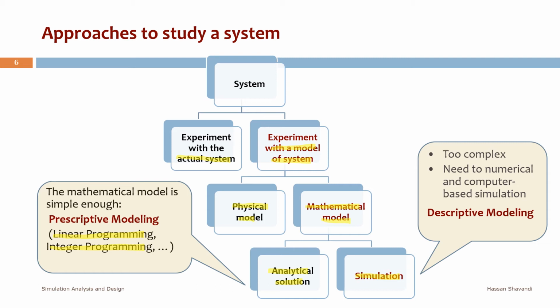But if the system is too complex and we are not able to formulate the actual behavior of the system with mathematical equations, and we may need to consider some sort of logical relationships or descriptions, algorithms and flowcharts, which cannot be formulated by mathematical equations, in that case we cannot use the analytical solution models.